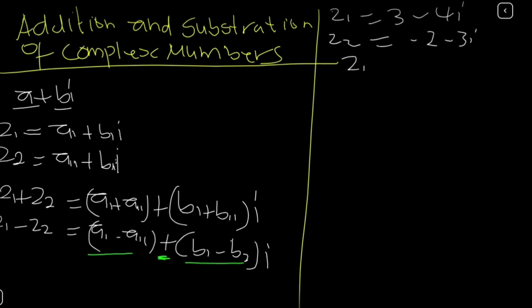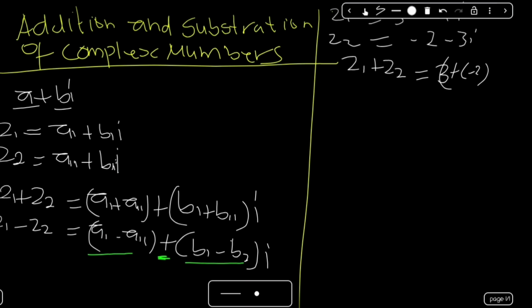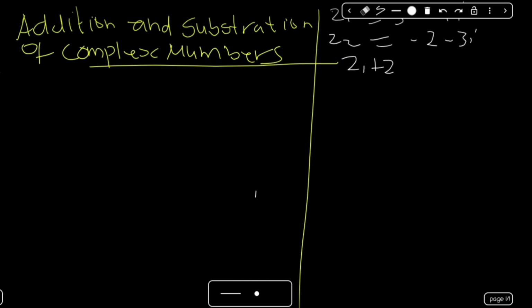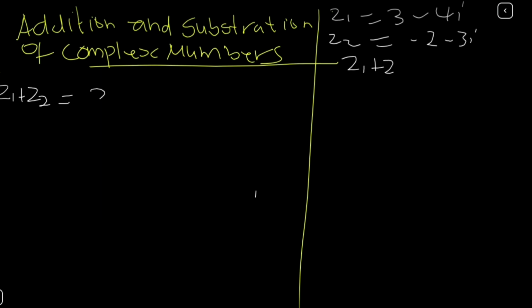To find z1 plus z2 becomes 3 plus negative 2, and then plus negative 4 plus negative 3, all multiplying i.